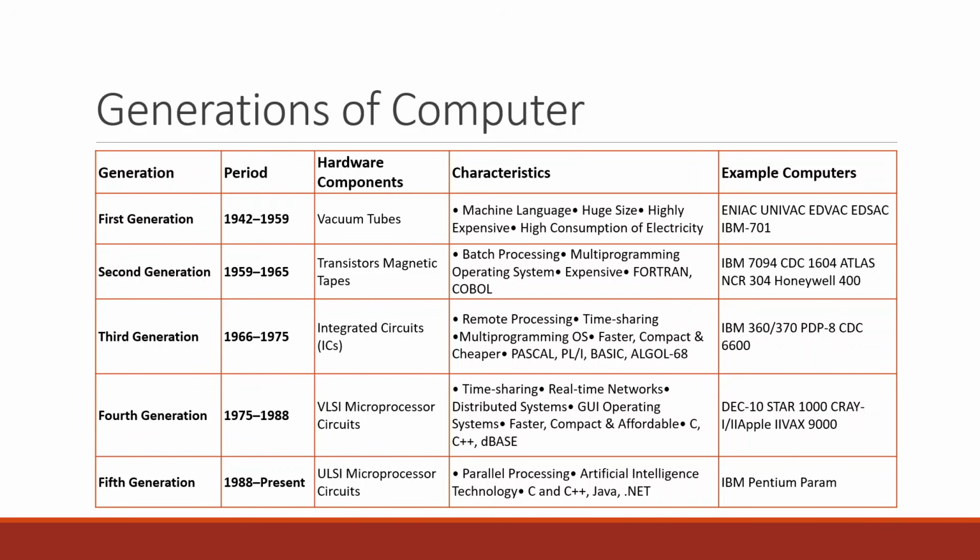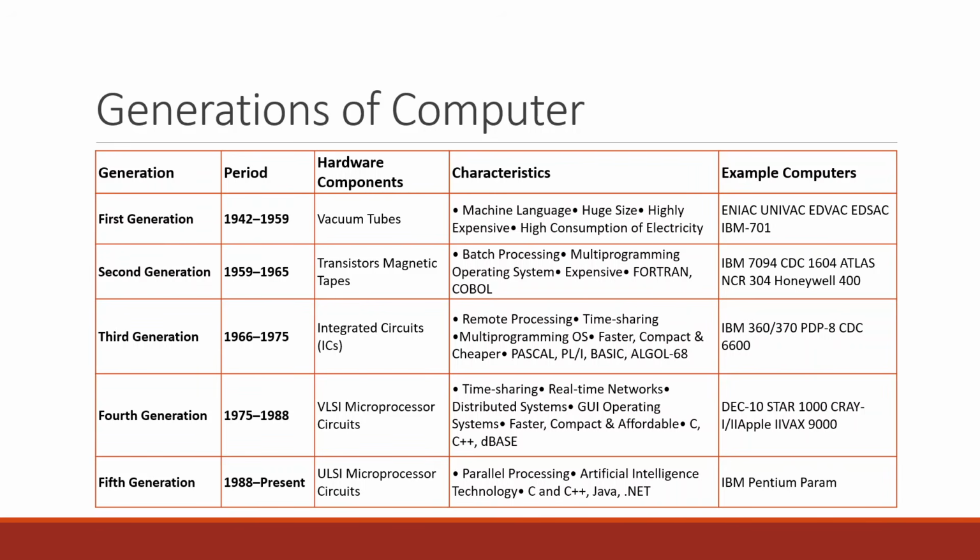Compared to the first generation, the second generation is smaller in size and less expensive. Machines introduced were IBM 7094, CDC 1604, Atlas CR 304, and Honeywell 400.